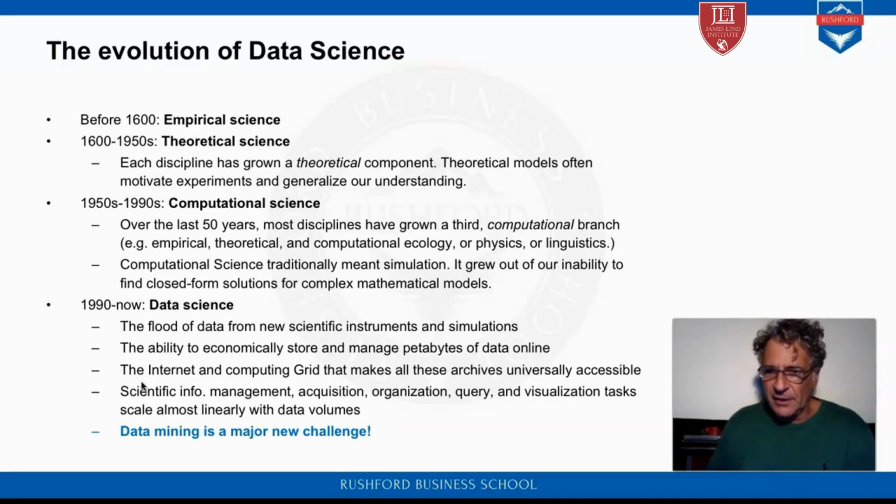So the ability to collect the data, but also the fact that everyone can have access to this data. Then also the internet, a computing grid, and all the activity that is universally accessible, and also the way we manage the acquisition, organization, and visualization represent one of the most important transitions into digital technology and data science.